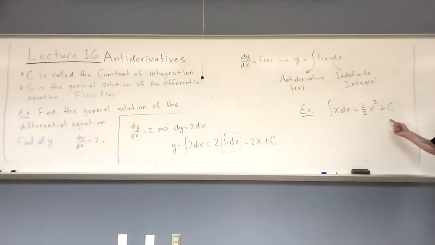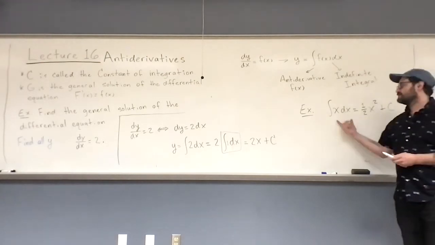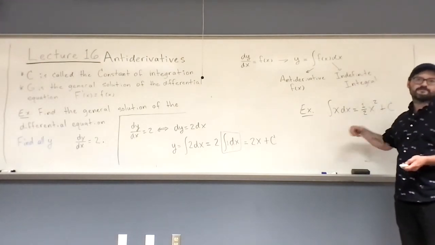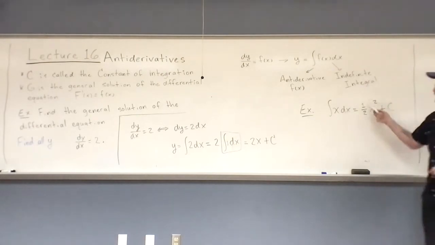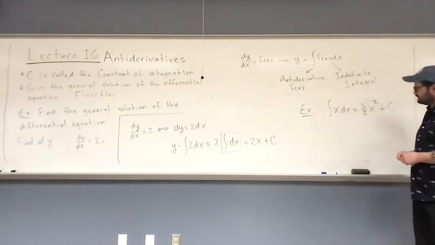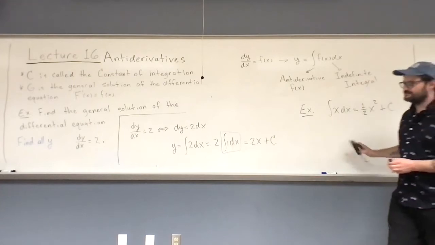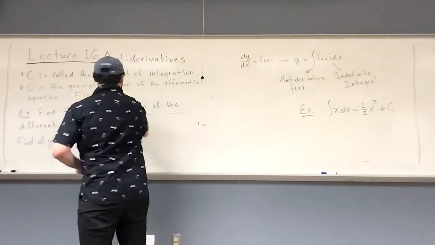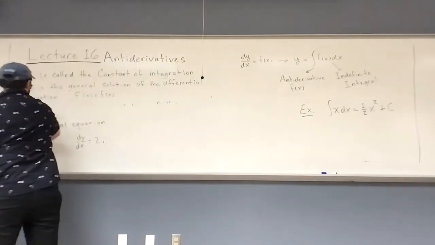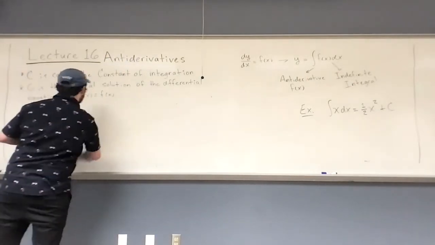So be careful. If you forget the c, it's incorrect, because this is asking for the general solution. It's asking for all the possible functions, and they'll look like that. So how did you get 1/2 x squared? I'm curious. Okay, we're going to start making a table real fast.